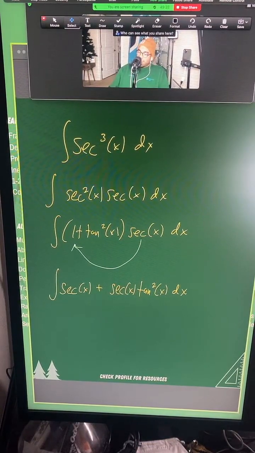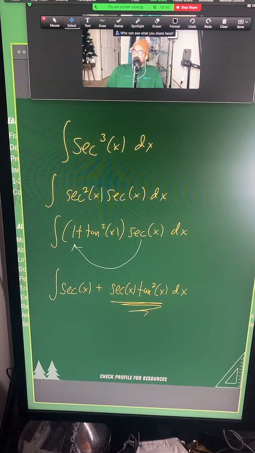And do integration by parts on this second term, right? Okay, so I'm definitely doing integration by parts. This is exactly where we were. So what will my u be if that's the case?